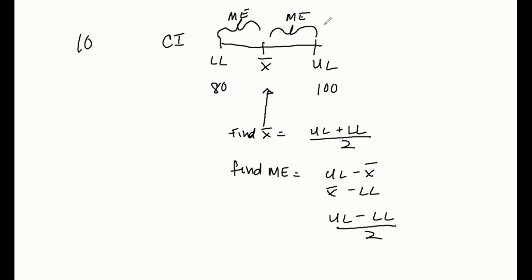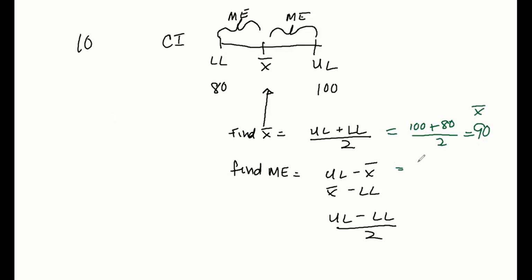So in this case, what I would have here is 100 plus 80 over 2 is 90. So that's what my X bar would be.